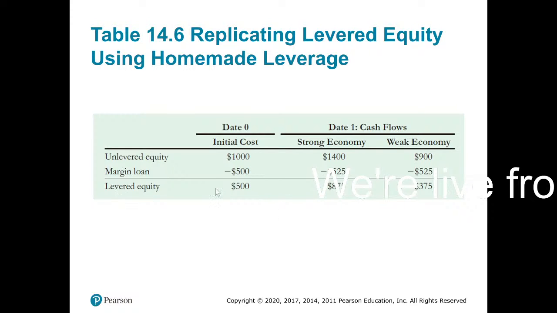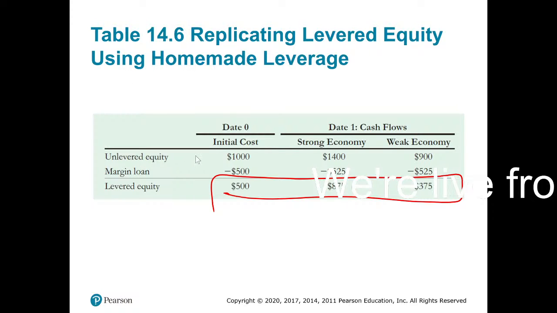So what's the total equity investment? It's 500. And you achieve the same cash flows. You see exactly the same. So it doesn't matter whether the company borrows money or not. As long as we can do it ourselves, it doesn't matter. We can do any kind of leverage we want to as investors.